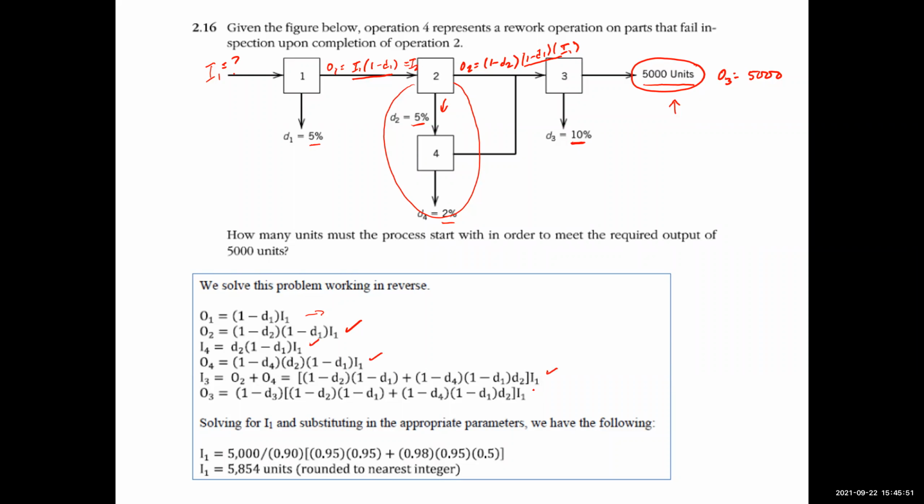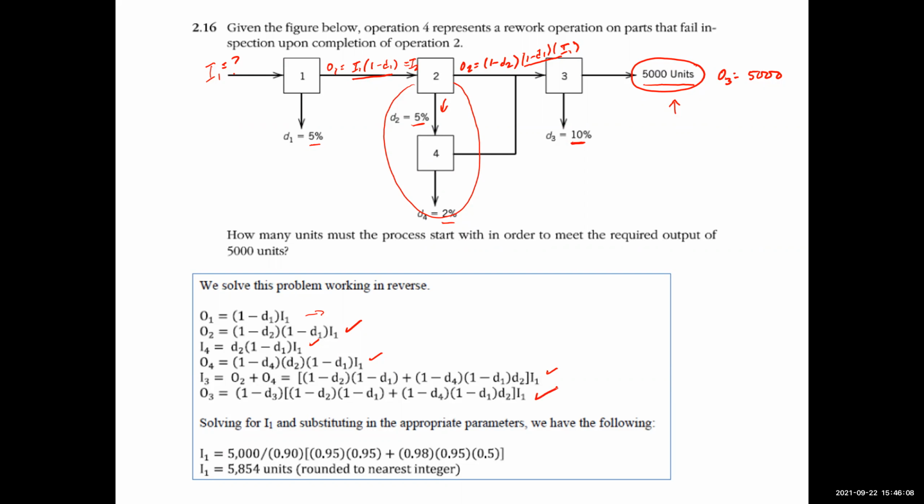And we spent, I mean, I don't want to go through the whole process now, but we did this in class. We solved step by step. So if you go back to the lectures, you will see the process step by step until we get to this expression right here.